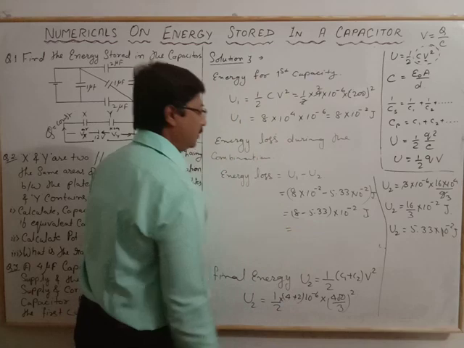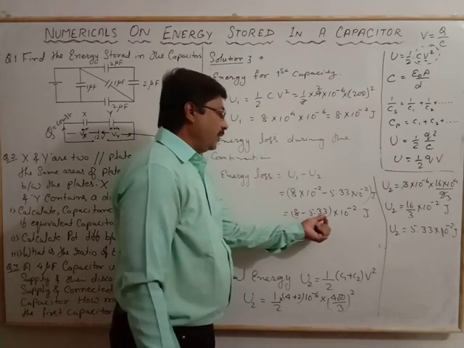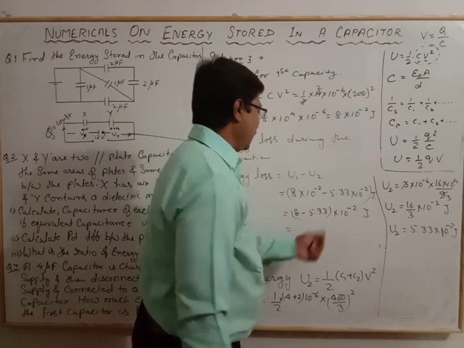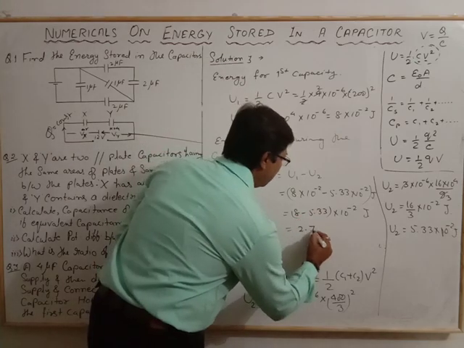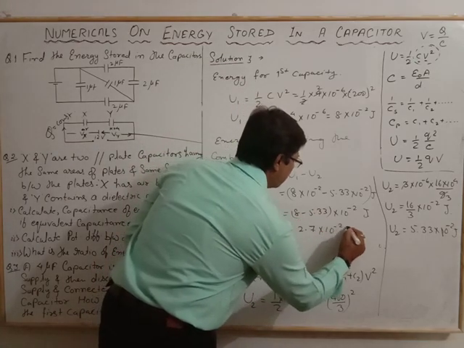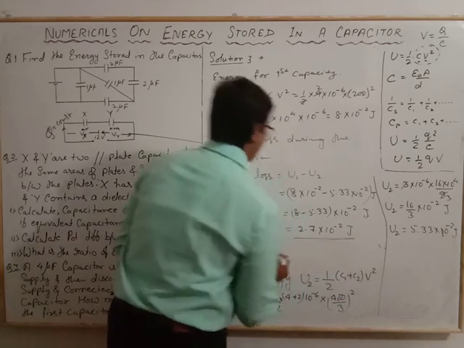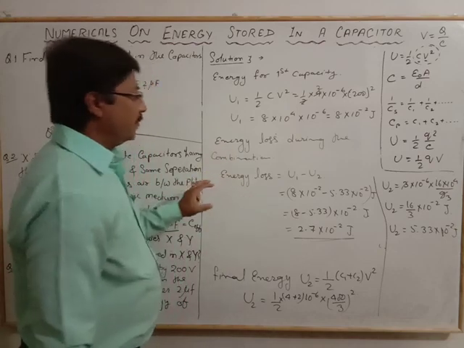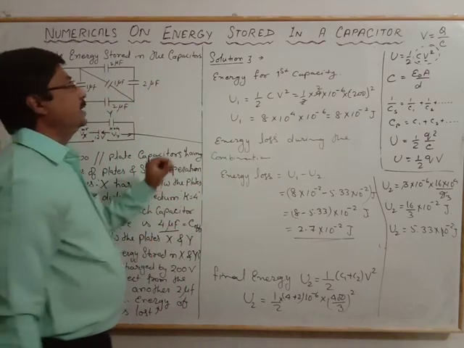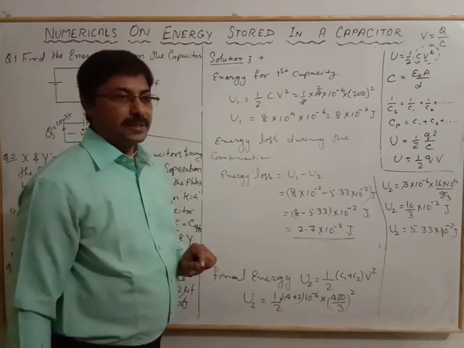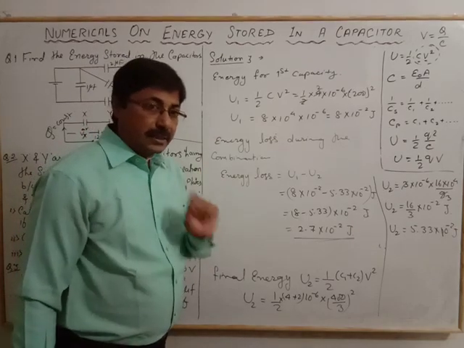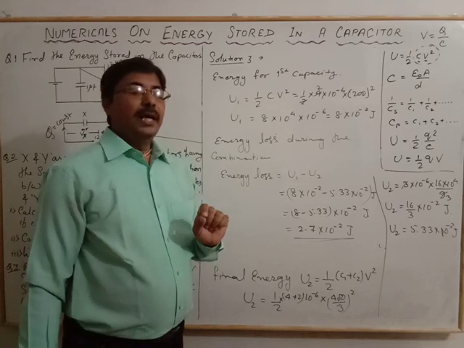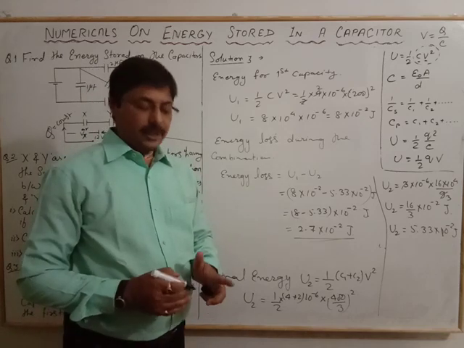Or rounding off, it is 5.3, so that means 2.7 into 10 to the power minus 2 joule, that is the energy loss during the combination. So in this way we calculate and find the energy stored in the capacitor. Next class we will see more numericals, and after that we will move to the current chapter.